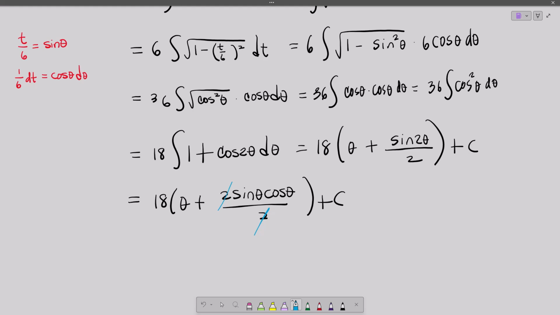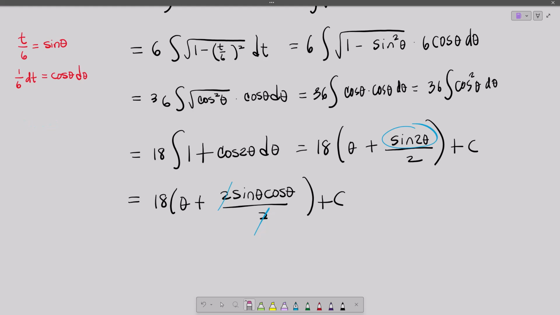And now, yeah, but how do you get the 18? So the identity that we're using for this is that sine of 2 theta is... oh no, not that identity, sorry, wrong identity.